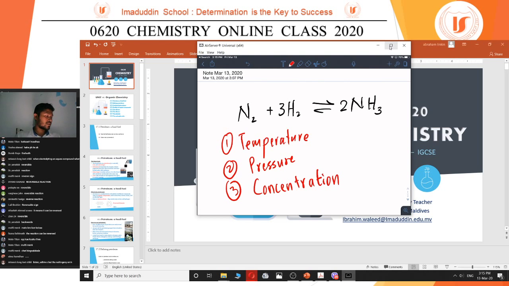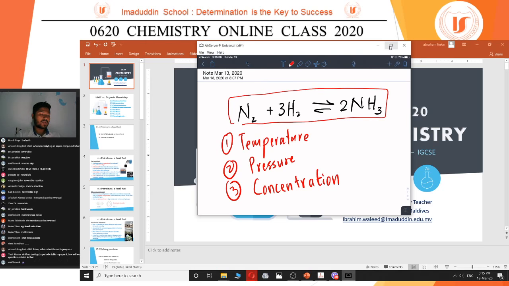These 3 factors will go in, and if you change any factor depending on the reaction, the equilibrium will change. So I will not go into detail right now how temperature and pressure and concentration affect the equilibrium. That will be a different lesson. It will take a lot of time, so hope that answers your question a little bit. Next question.